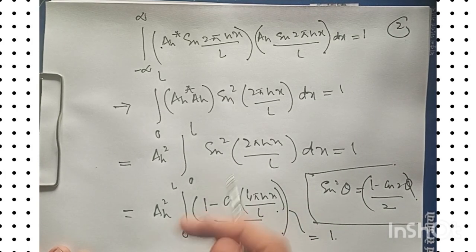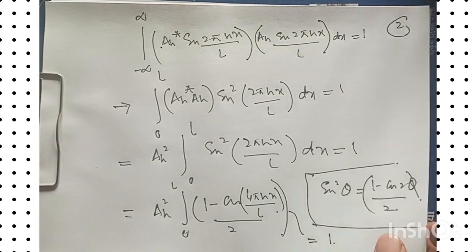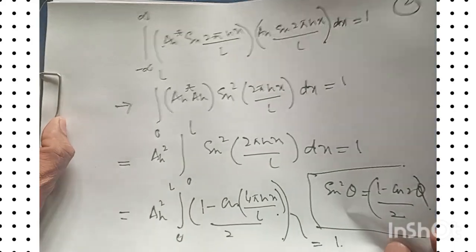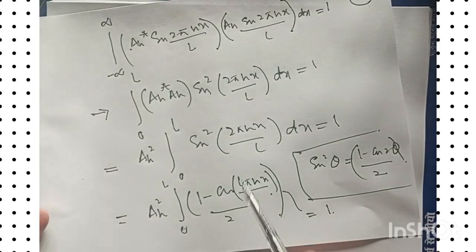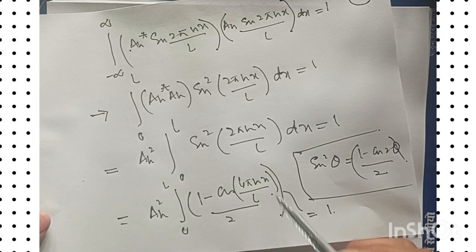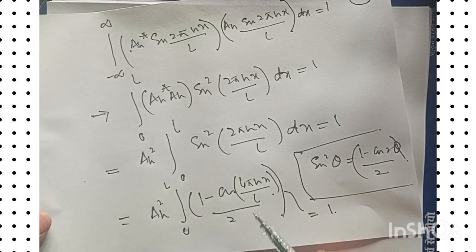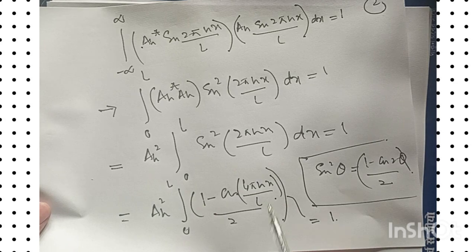So we have got rid of the square in the integrand in the above equation. Now, when we evaluate this integral, the integration of cos of this thing, giving the limits from 0 to L, we will get 0 for it. And what we will be left with is 1 by 2, 1 by 2 x.